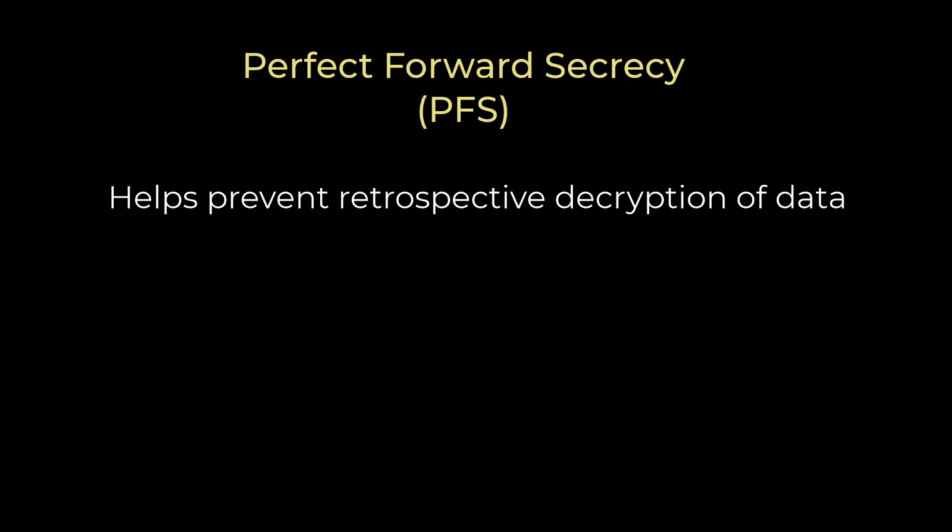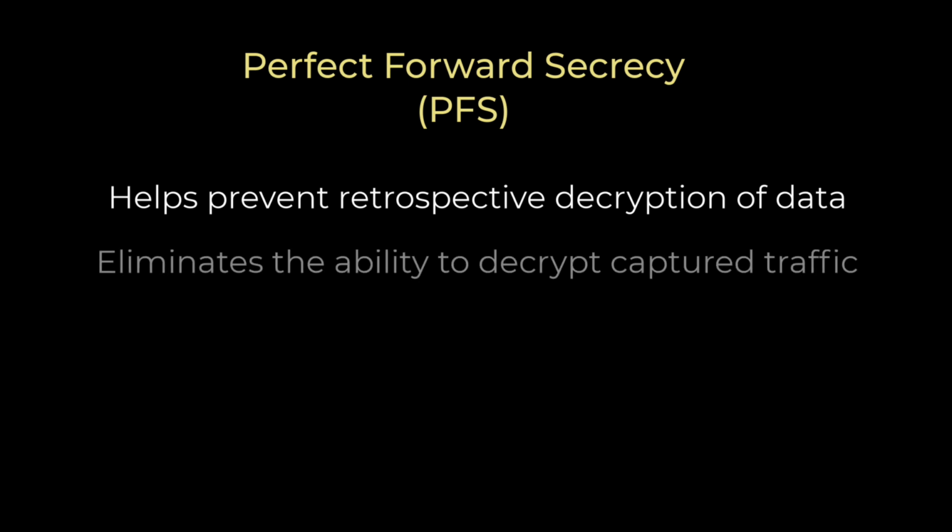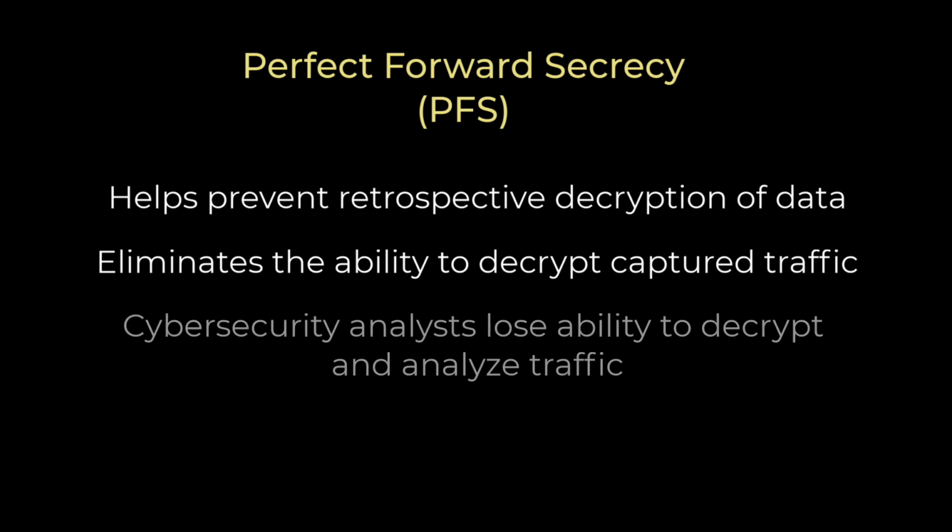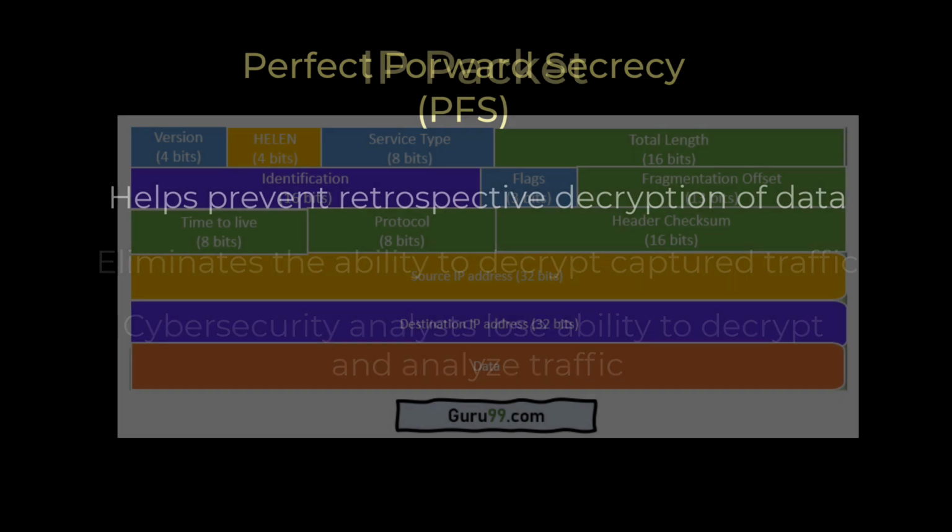While PFS is highly beneficial for preventing retrospective decryption of data, it eliminates the possibility of using static keys to decrypt captured traffic for analysis. Cybersecurity professionals lose the ability to inspect encrypted sessions, even if the server's private key is compromised, posing a significant challenge when investigating historical traffic for forensic purposes, as even advanced decryption methods become ineffective.